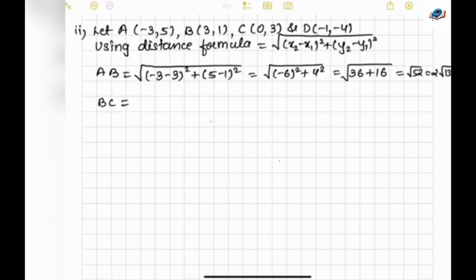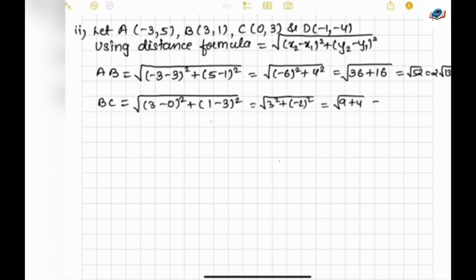Now BC, let me find BC first. So BC will be root of (3 minus 0) whole square plus (1 minus 3) whole square. So that is 3 square plus (-2) square. So that is 9 plus 4. So that is coming as root 13.